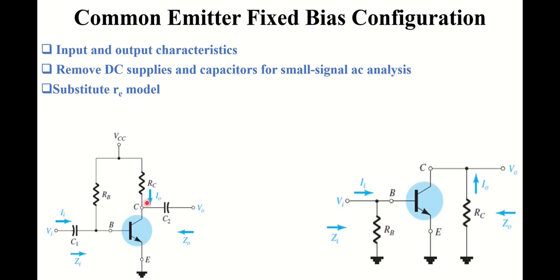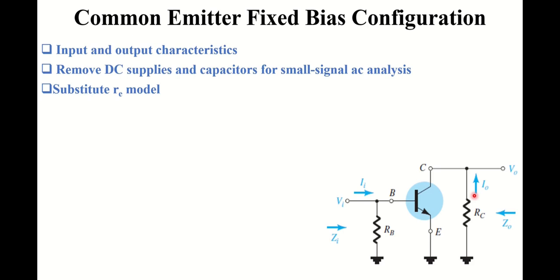It is important to mark all the important parameters of AC analysis, including Zi, Zo, Ii and Io, as shown in this diagram of the redrawn circuit. The next step is to substitute the re model of the BJT that was discussed for the common emitter configuration. After replacing the BJT with its re model, the network looks like the one shown in this figure.